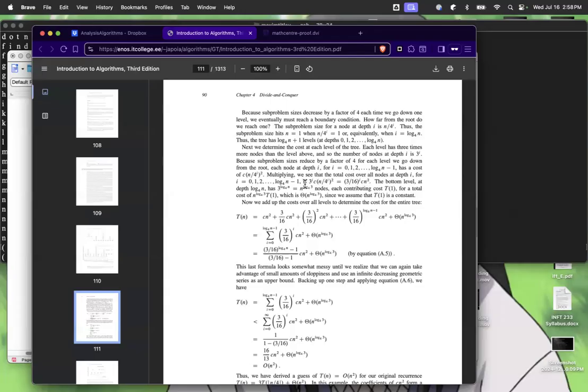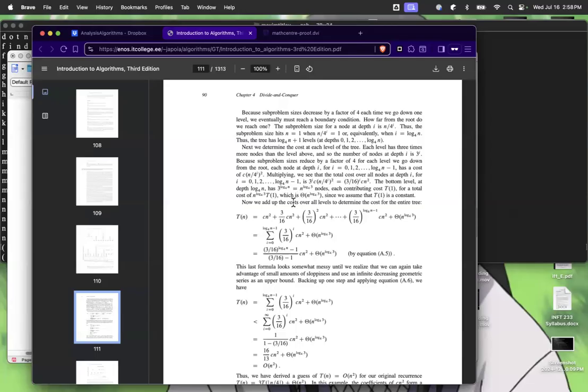The bottom level at depth log base 4 of n has 3 to the log base 4 of n, which equals n to the log base 4 of 3 nodes. Okay, so 3 to the log base 4 of n, and then they said n to the log base 4 of 3.